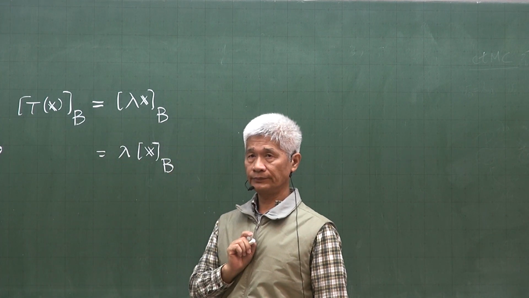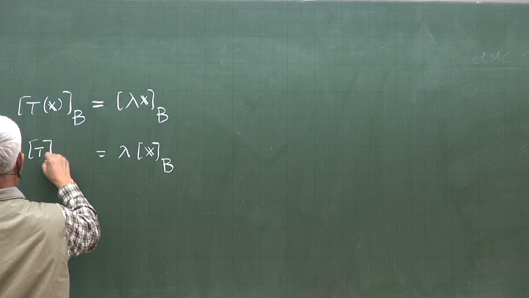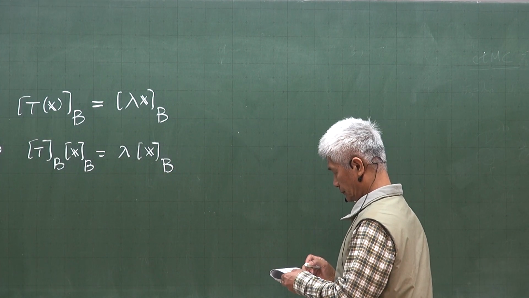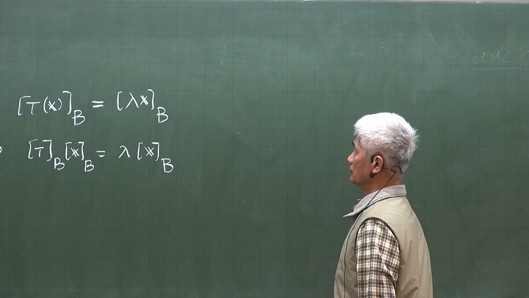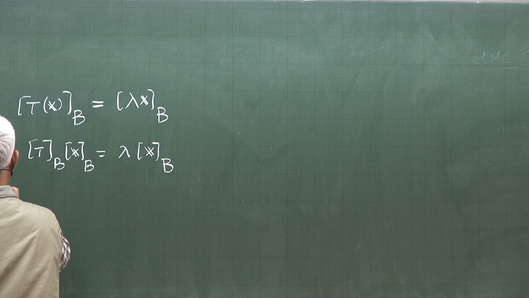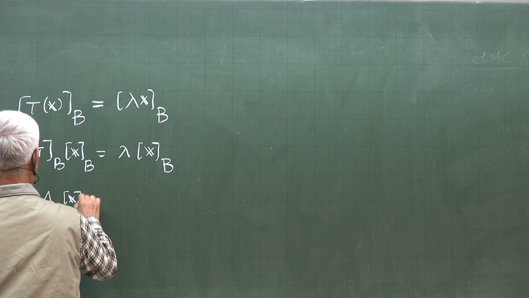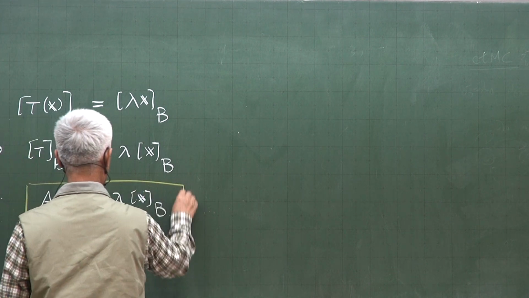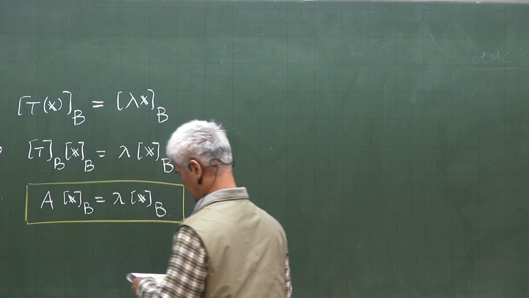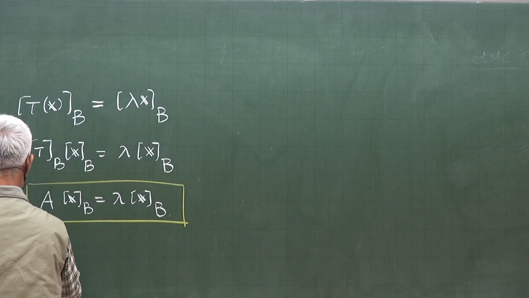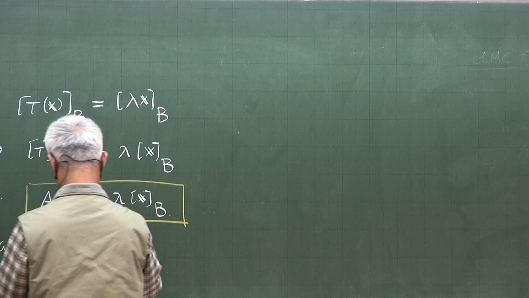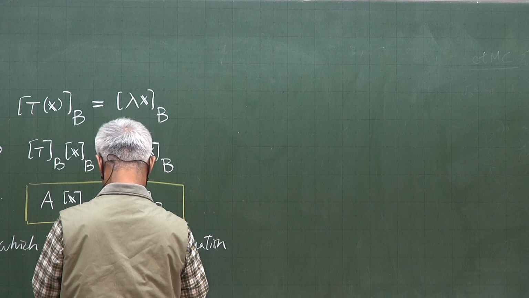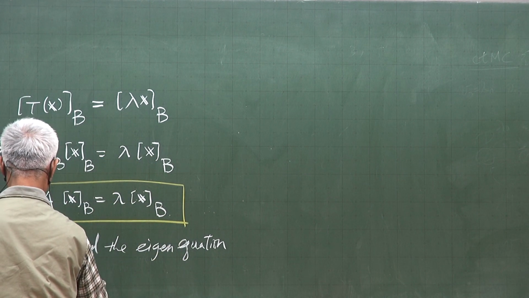We have this one, and now we plug in this. i.e. we have A times the coordinate vector equal to lambda times the coordinate vector, which is called the eigenequation for the matrix.